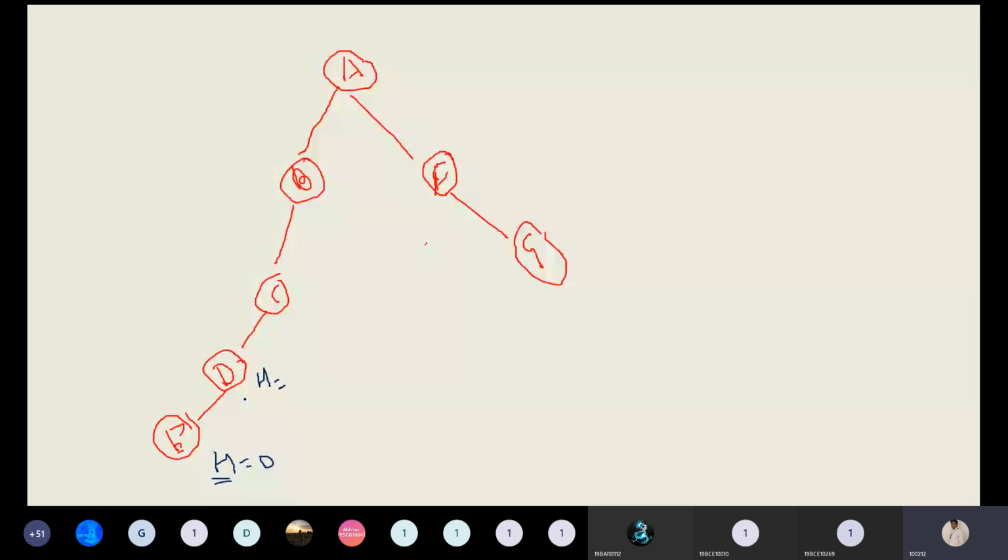Sir, two edges are connected, so the height of this node will be 2. No, for the height of a node, from the leaf node to its upper node, we need to see its edge. E is connected to one, so the height of this node will be one only. Please do not look at the number of nodes; the number of edges is not part of the height calculation.